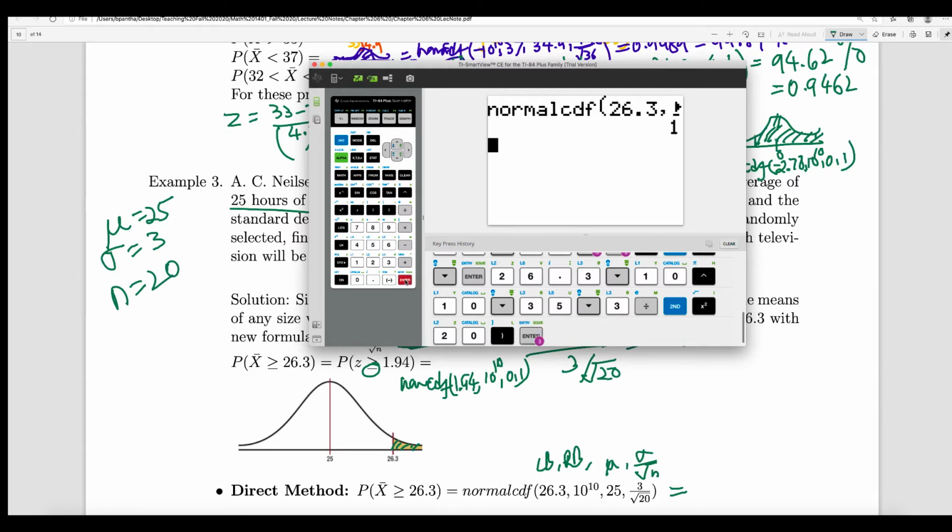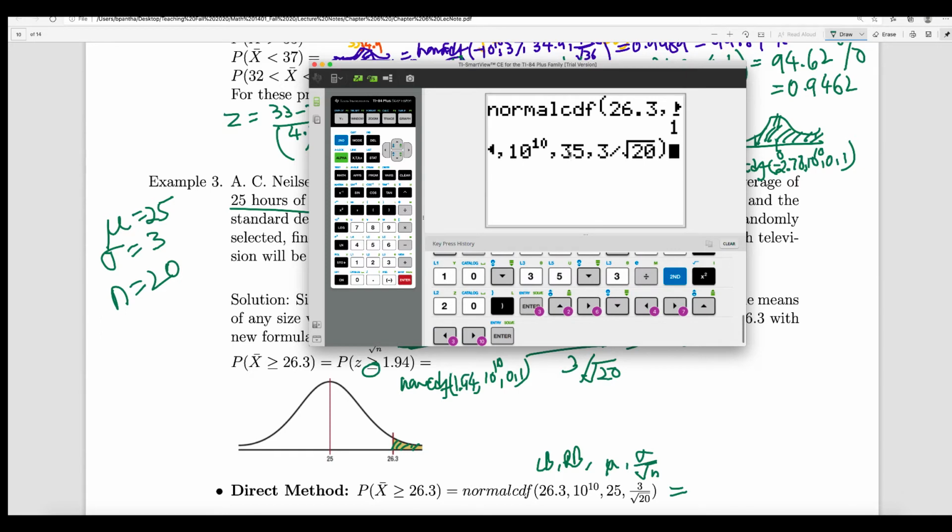If you find the probability, let me see, 26.3, and then 10 to the 10, 25. Did I do that right? Instead of 25, I wrote 35 there. It should be 25. So let me go down and write 25.